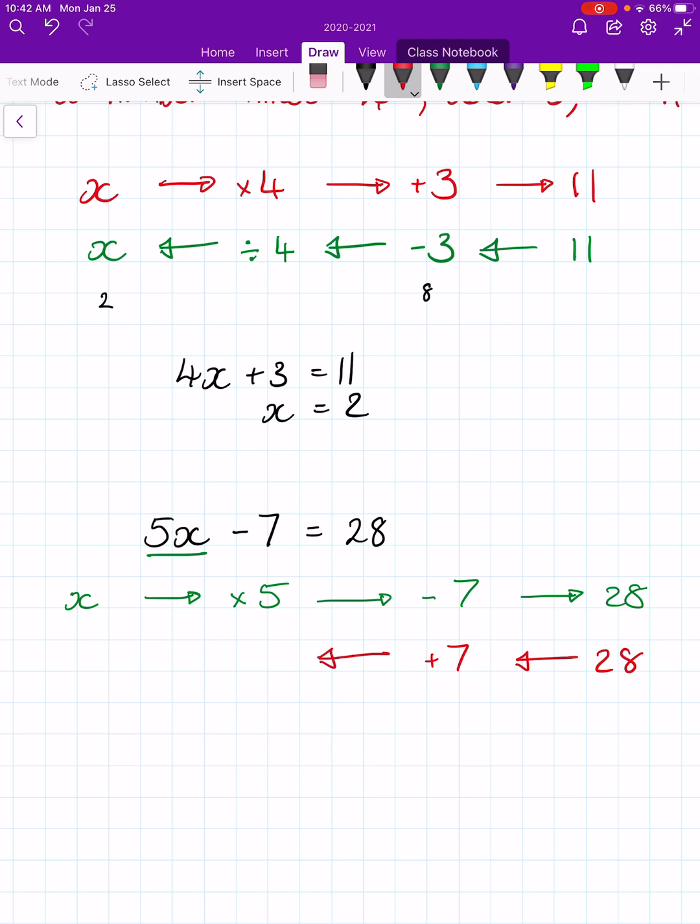The opposite of timesing by 5 is to divide by 5. And then I get the number I started with. So 28 plus 7 is 35. 35 divided by 5 is 7. So the solution to this equation is 7.